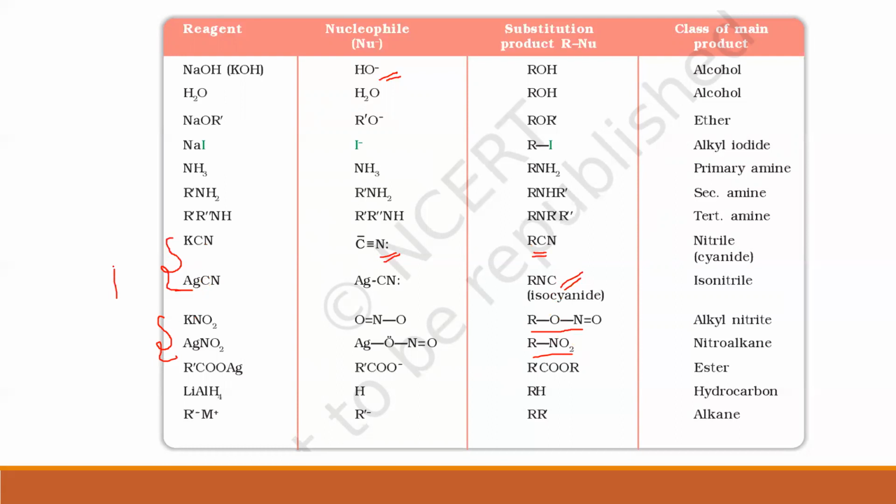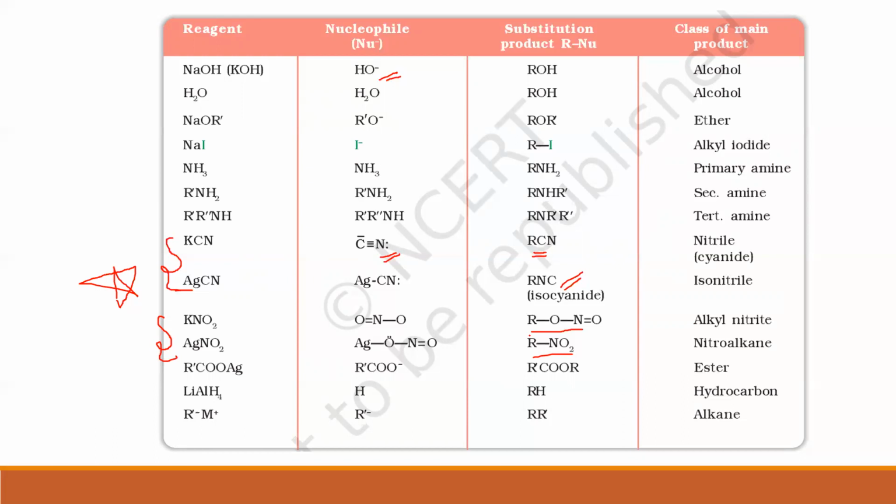I want you to take this as homework. Find out why KCN forms a cyanide, why AgCN forms an isocyanide. Same way, why KNO2 forms a nitrite, AgNO2 forms a nitroalkane. Clear? This has been asked a lot of times in competitive exams and a couple of times in PU as well.